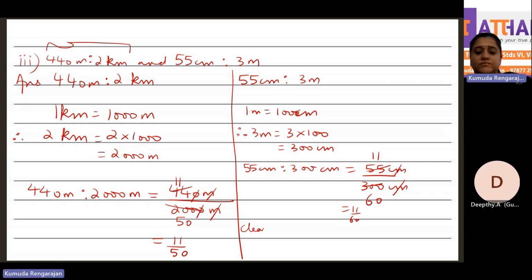So clearly, 11 by 50 is not equal to 11 by 60. That's okay, that's not incorrect. Therefore, they're not in proportion.